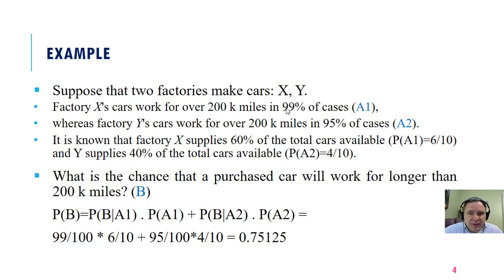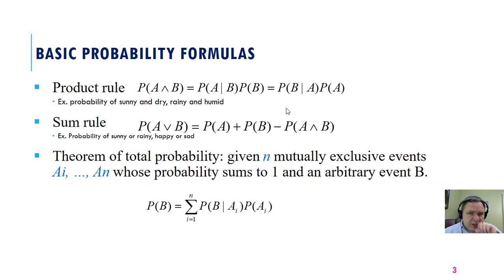That's an important thing to notice. Now, based on this information, we can ask the following question. We have an unknown car. We don't know the make of this car, but we would like to know what is the chance that this car in this area is going to go beyond 200k miles.